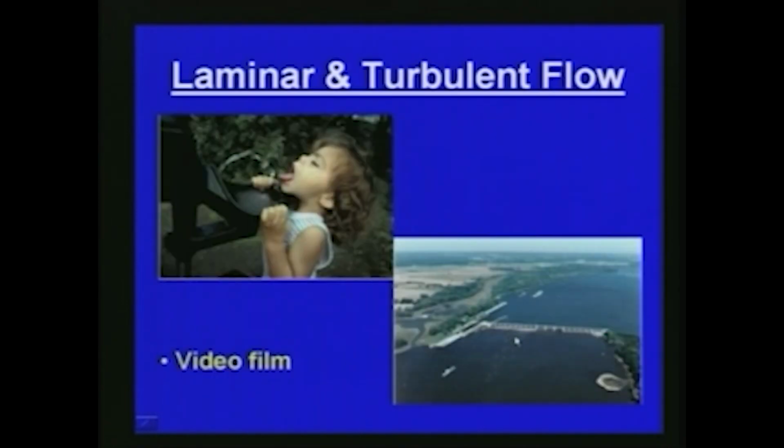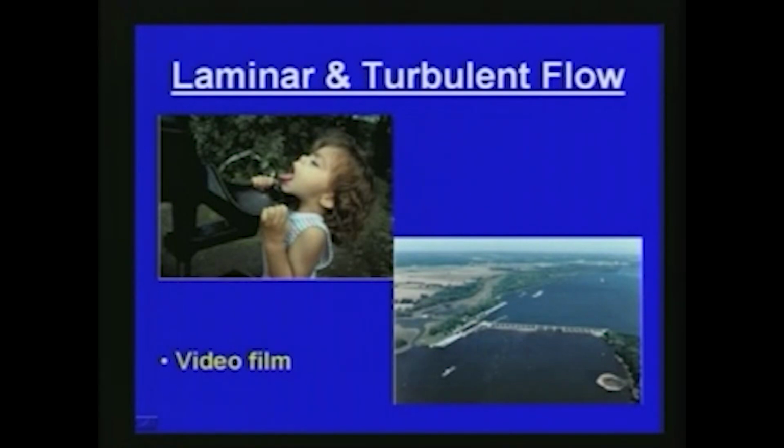So, now if you see the nature, you can see that the flow can be most of the time either laminar in nature or turbulent in nature. Here in this slide, if you consider a river, you can see that some parts of the river are quite calm and flowing at a very slow pace.